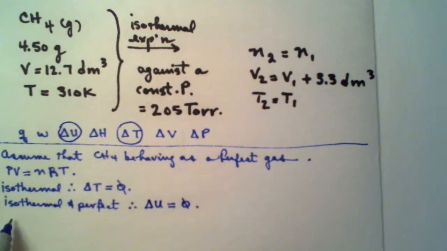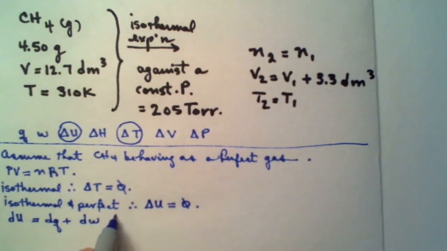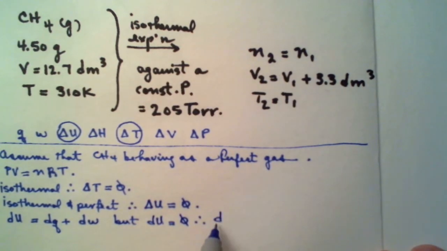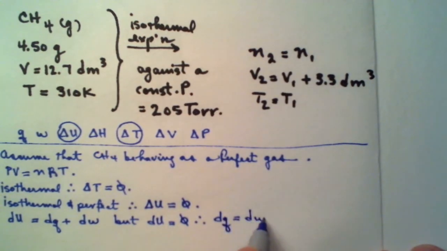Now the first law always applies. So I know that dU is equal to dq plus dw. But we just said that the change in internal energy is equal to 0. Therefore, if this thing is going to expand and do work, then heat and work have to be equal and opposite for this change to occur.